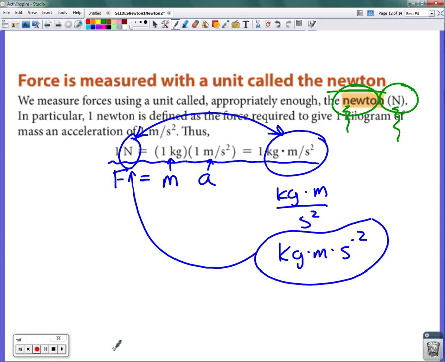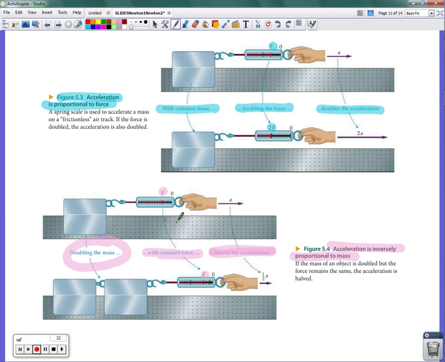But very rarely will you see a situation where there is only one force acting on an object. In these pictures here, there's only the force being supplied by this hand, or at least that's what they're representing in this picture. But in reality, there are rarely occasions where you're only going to have one force acting on something.